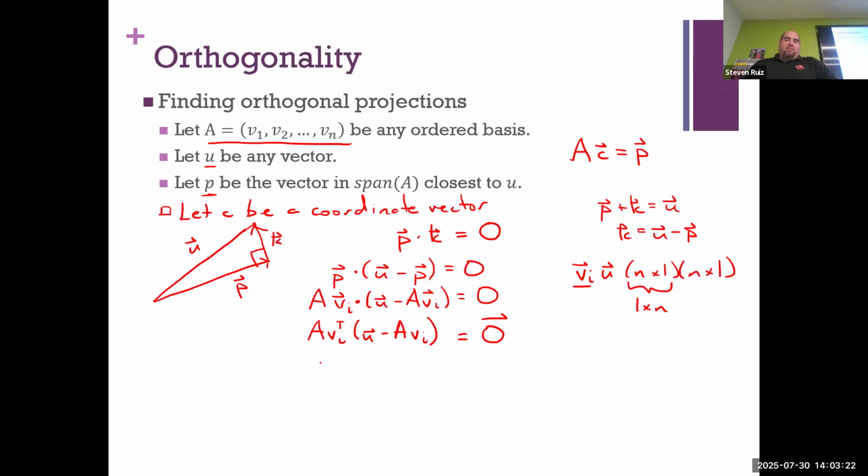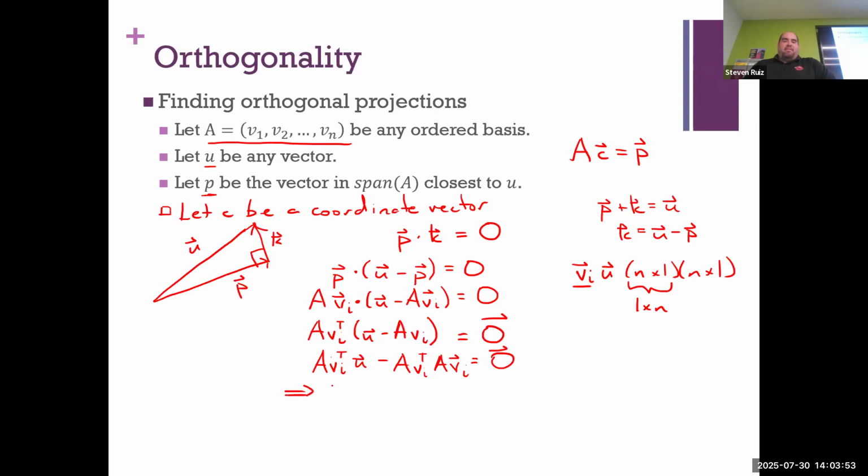Something we haven't necessarily talked about with vectors is that I get distribution. So I'm going to actually do this distribution. I know this is true: AVI transpose times U minus AVI transpose times AVI equals 0.